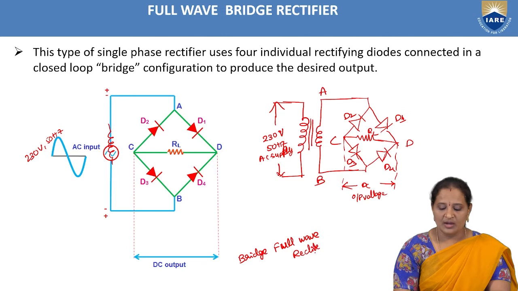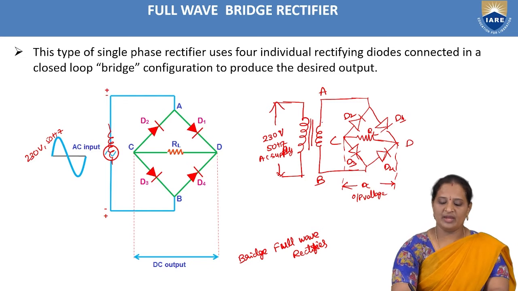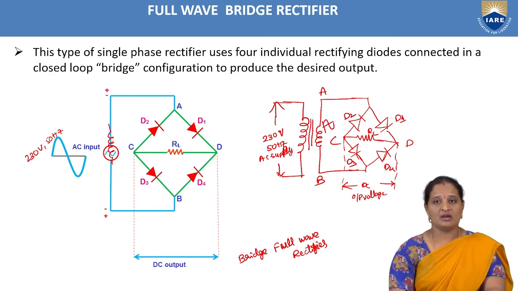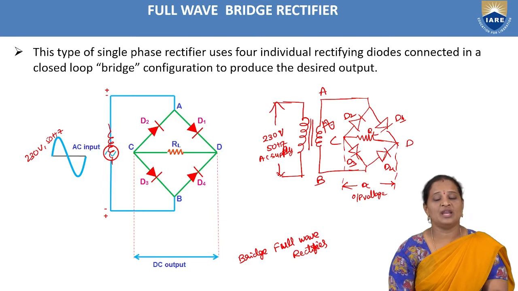Now let us discuss the operation of the bridge full wave rectifier. In the secondary winding also, we will be getting the AC supply, which has both the positive half cycle and negative half cycle.